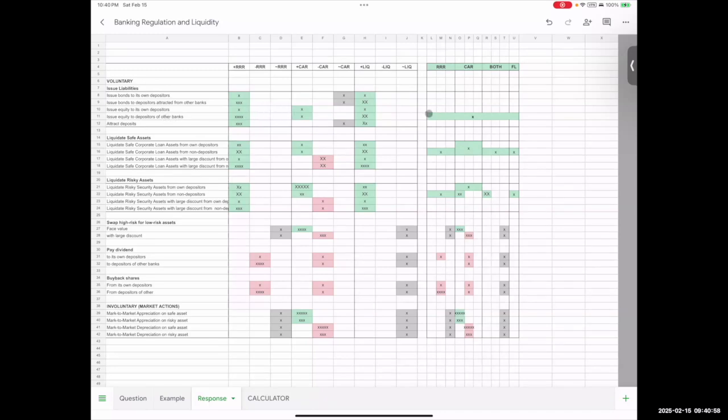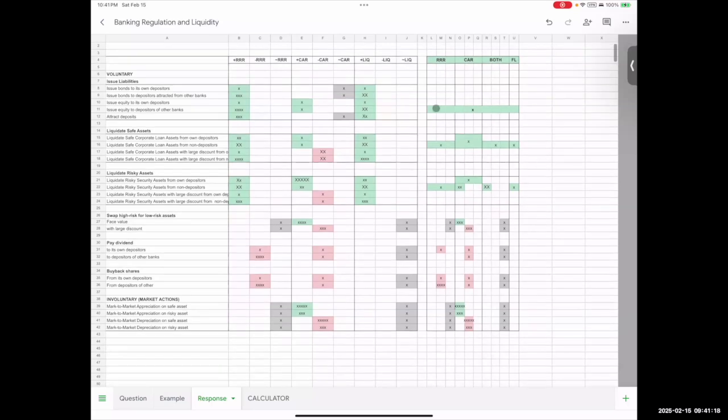This is what came up from using the calculator in the way we explained. It's better than getting the deposits, better for your reserve ratio requirement, better for your capital adequacy ratio, and better for your funding liquidity in the way we described.